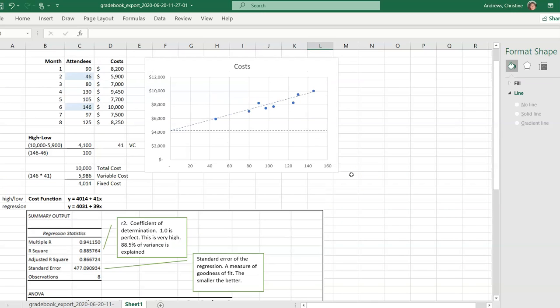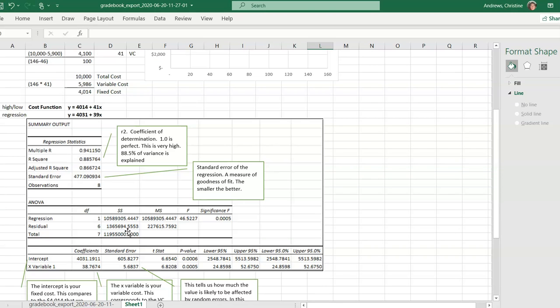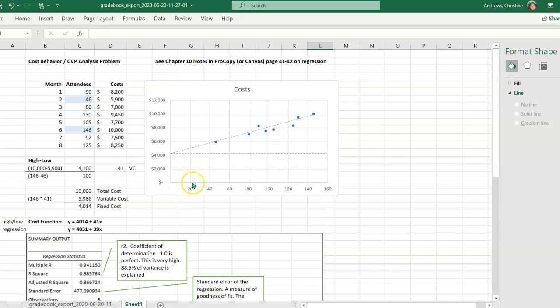This is what I wanted you to see, the relationship between the high-low and what the regression is telling us. The standard error of the variable is low, and when we look at the distribution around this line, it is low too. Three of these values are just about on the line, and the other ones are pretty close.